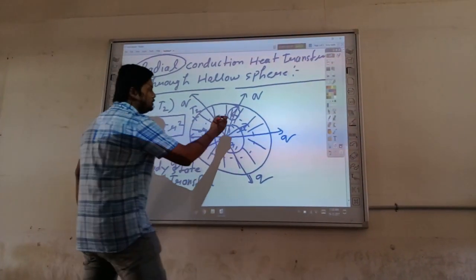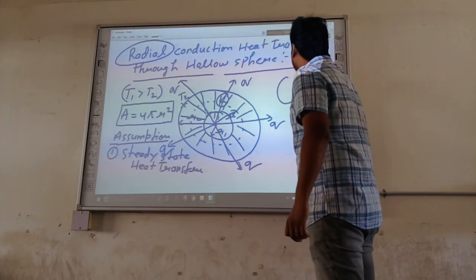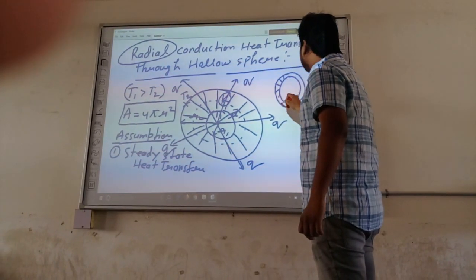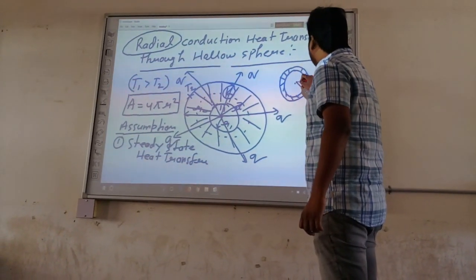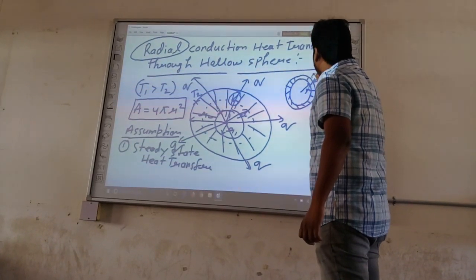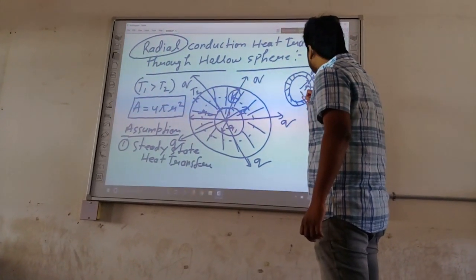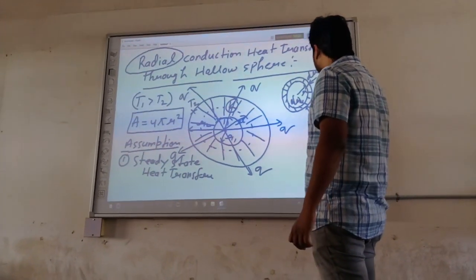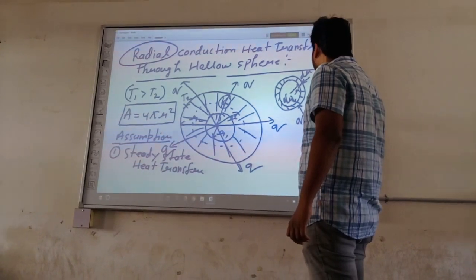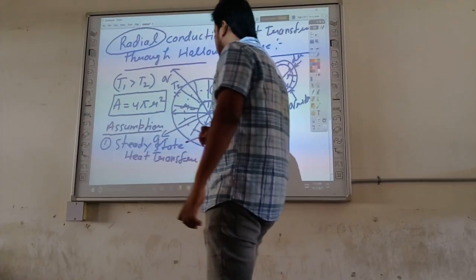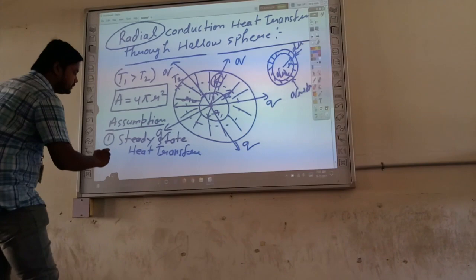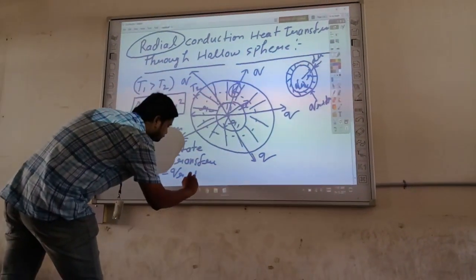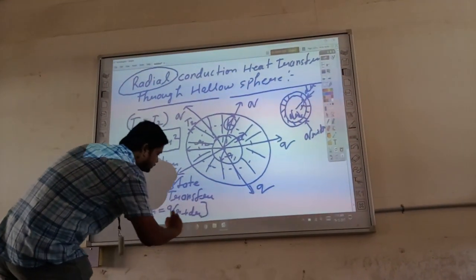It means suppose this is a small element, for example, at R. Suppose here the heat is QR, so this side will be QR plus DR. So steady state means QR is equal to QR plus DR.